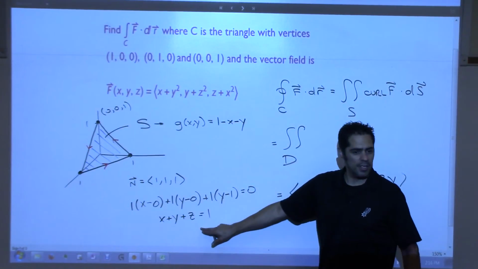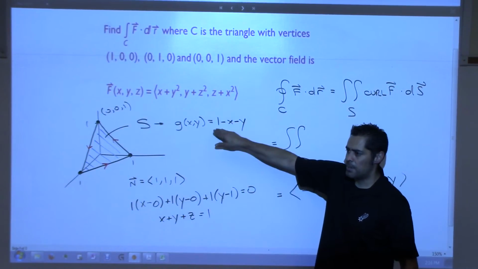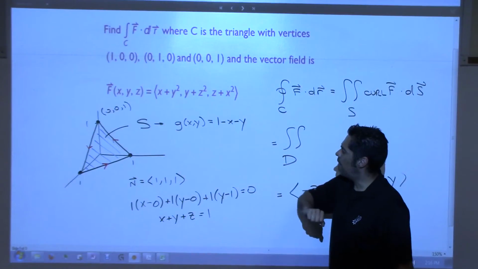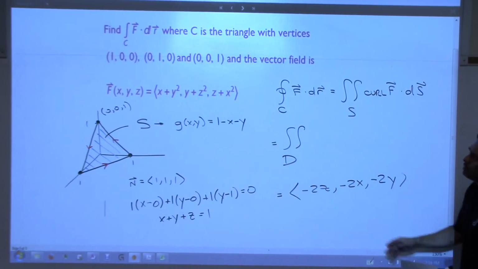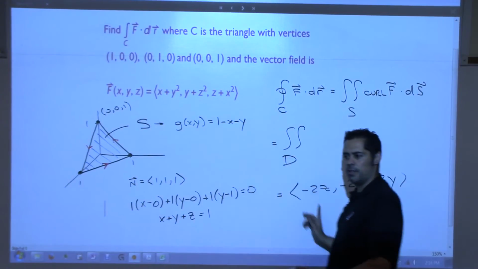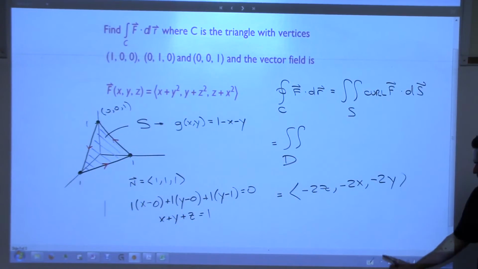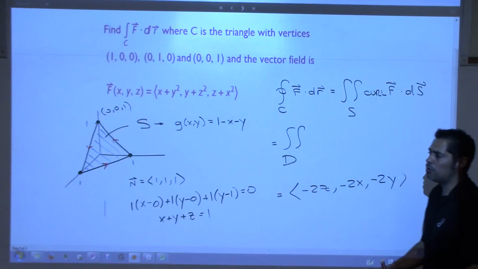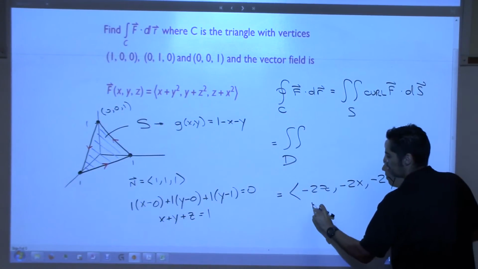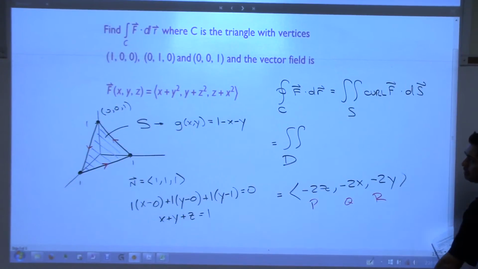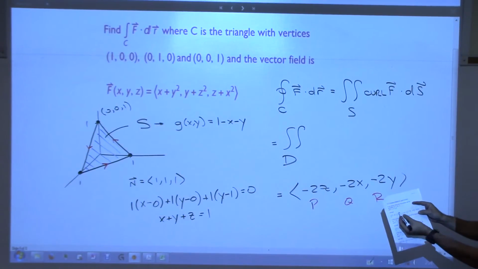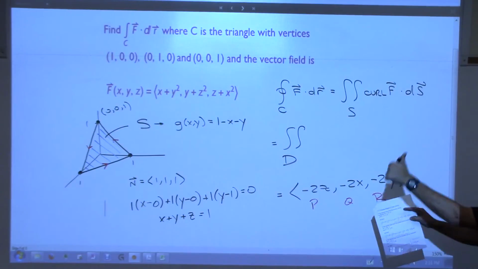That's this solved for z. So there's my special function of x and y. And what's my P, Q, R? Don't make that mistake: P, Q, and R come from your curl. So this is my P, Q, R. And I'm using g of x, y, the top one. My normals are pointed up.